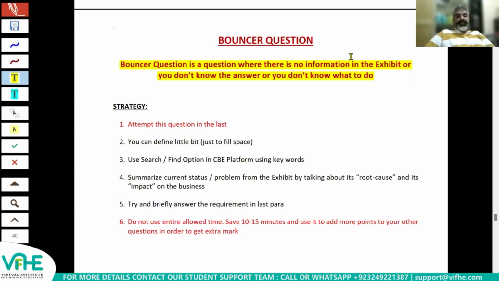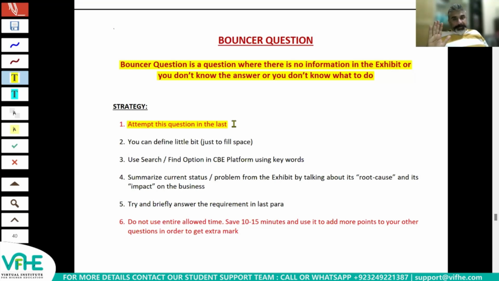The first thing is you should attempt this question in the last. The moment you identify it, the rule is simple: easy questions first, difficult questions later.